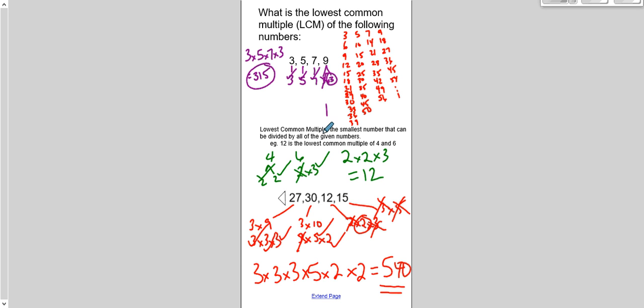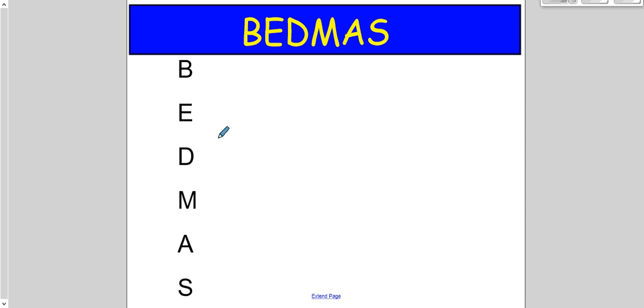Now you might be asking yourself, why are we interested in lowest common multiples? Well, the reason why has to do with BEDMAS, has to do with fractions. So just a reminder on BEDMAS, if it's been a while since you've seen it, this is what we call our order of operations.